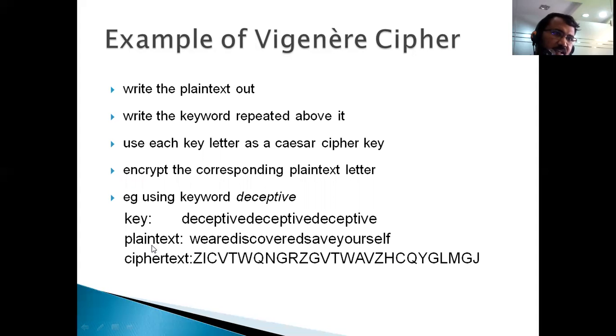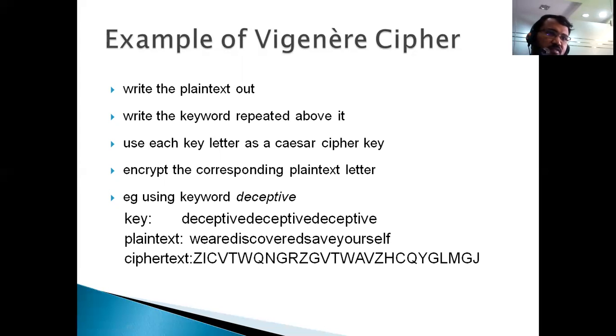To generate that particular key, we are going to use the keyword. Deceptive is the keyword. We are going to repeat deceptive multiple times to reach the length of the plain text. Here we have repeated the keyword deceptive three times. So this is the key.